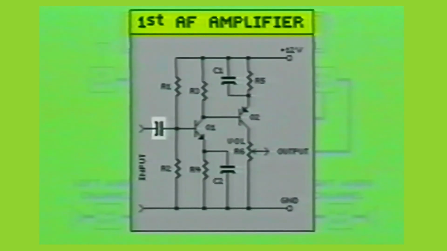Each first stage is composed of two transistors, Q1 and Q2. These NPN and PNP transistors are direct coupled to one another and are biased in the Class A operation mode. The output of Q2's collector is fed into the top of resistor R6, which is used as a voltage divider and performs the function of volume control for its respective audio channel.